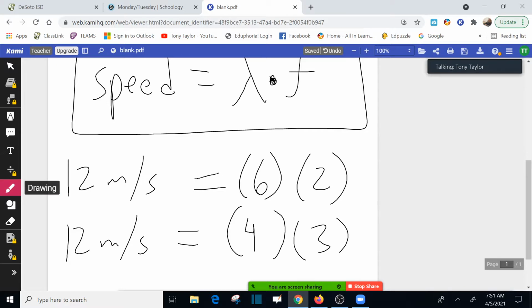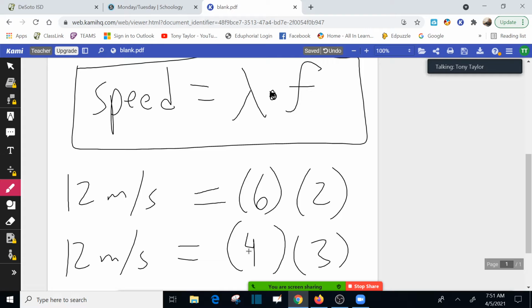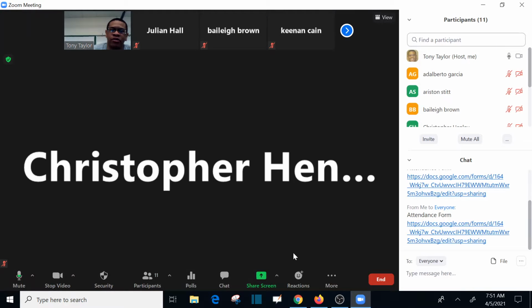So here's an important point I want you guys to see. Notice as I increase my frequency, I had to decrease my wavelength because the speed of a wave has to stay constant. In this case, it has to stay constant at 12 meters per second. And that's what we see here.